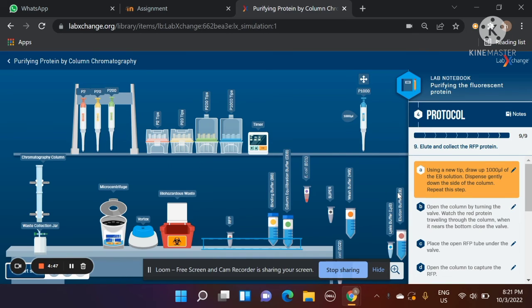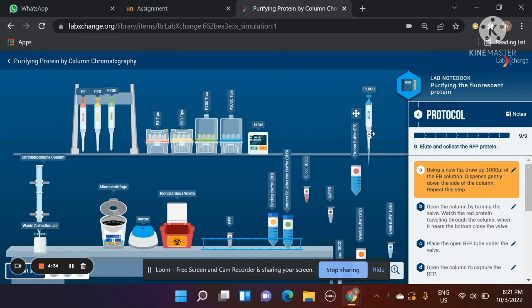step is using a new tip and draw 1000 microliters of EB solution. So we're going to put that one, and then we have to take the EB solution.